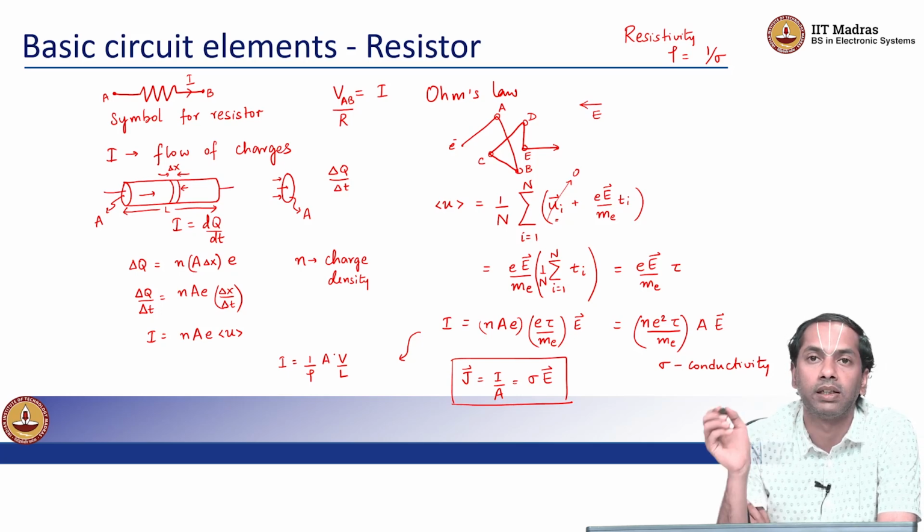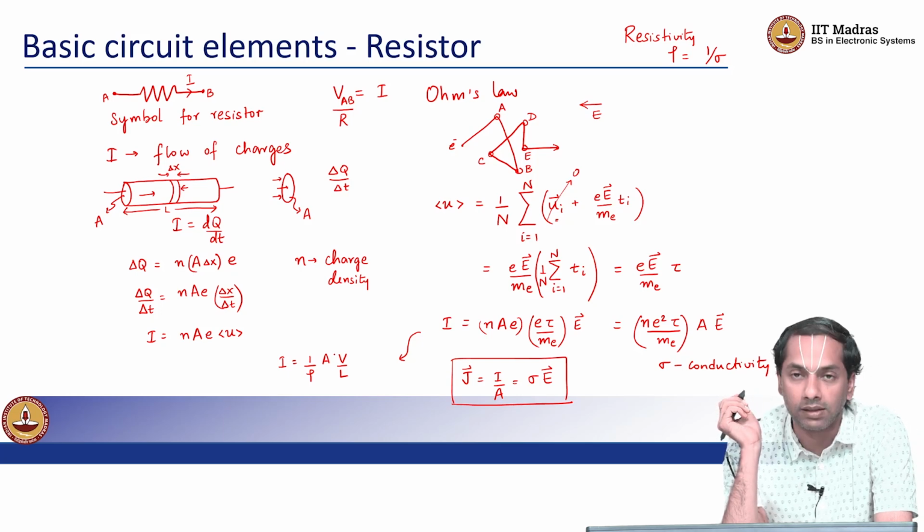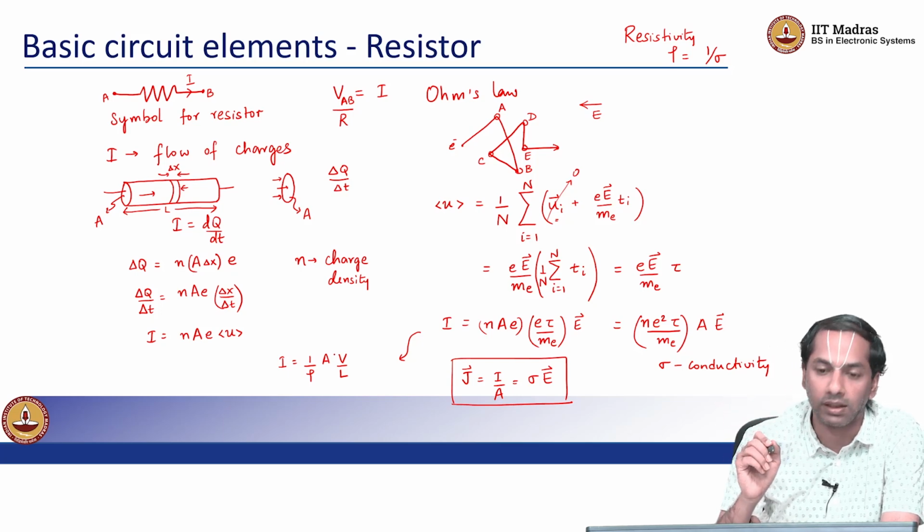So, the electric field that is established between these two faces is simply the voltage divided by the length of the wire.